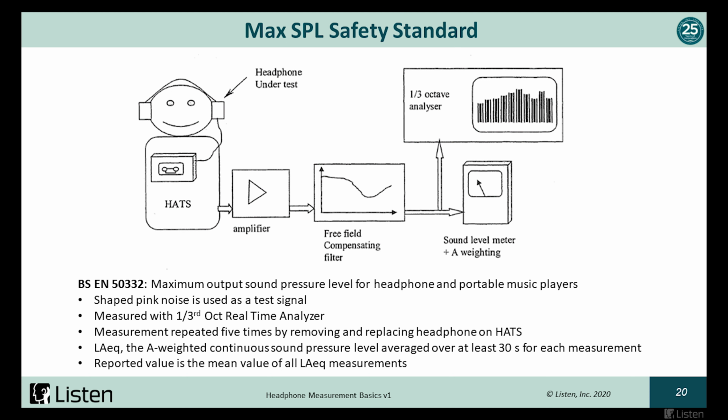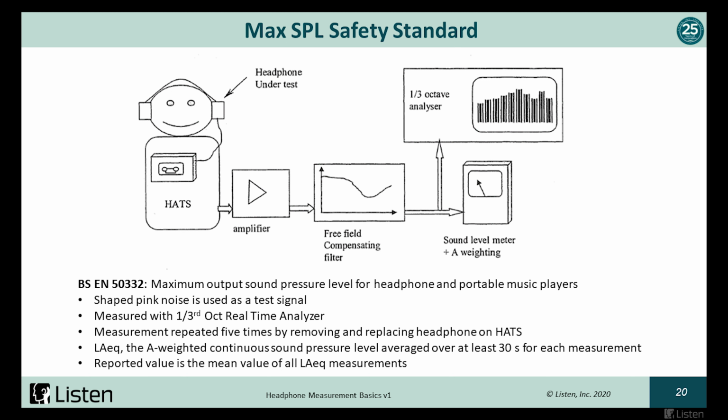They measure in third octave bands in real time because that's a rough approximation of human hearing frequency selectivity, but that's certainly an oversimplification. And again, the importance of repeating the measurement 5 times by removing and replacing the headphones. And then they look for a weighted 30-second response. I think you can measure for 30 seconds or 2 minutes, I forget. And from that, they calculate the equivalent noise exposure.